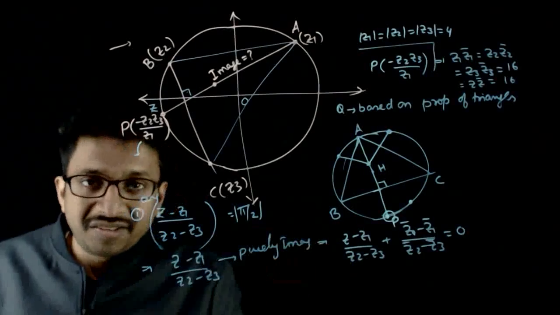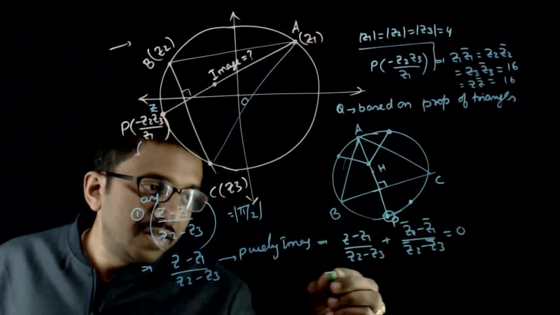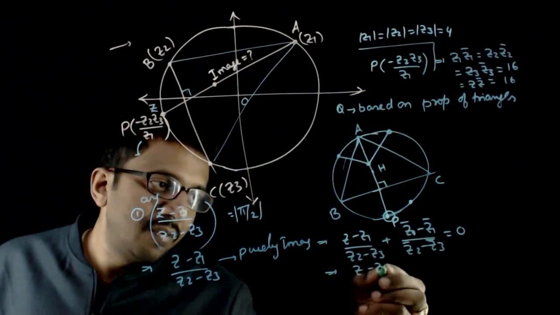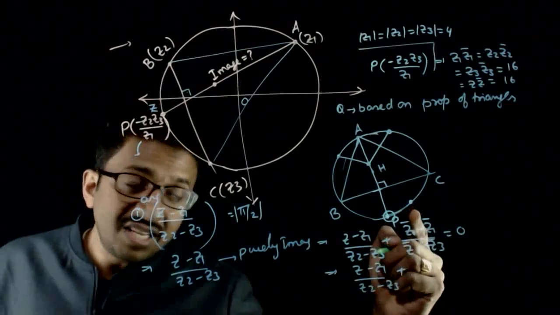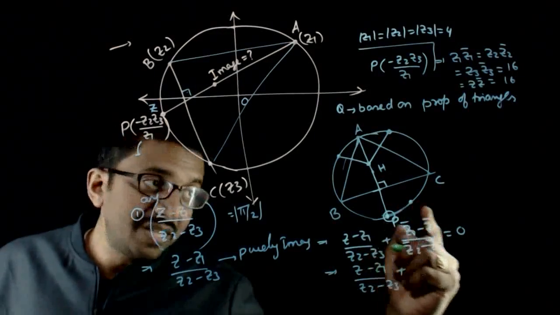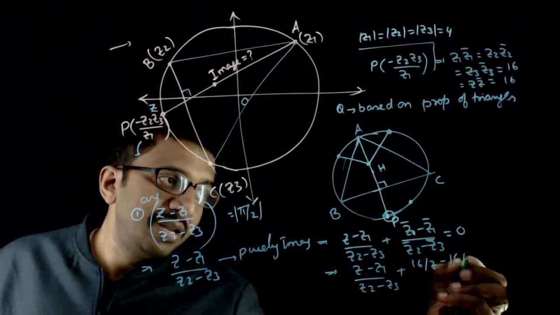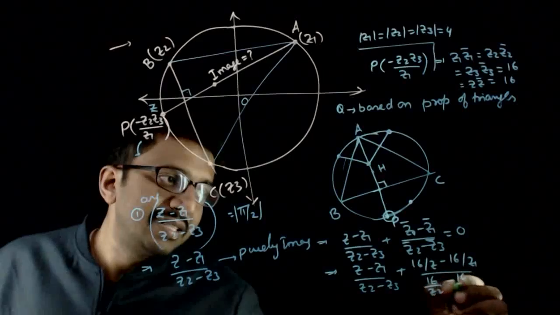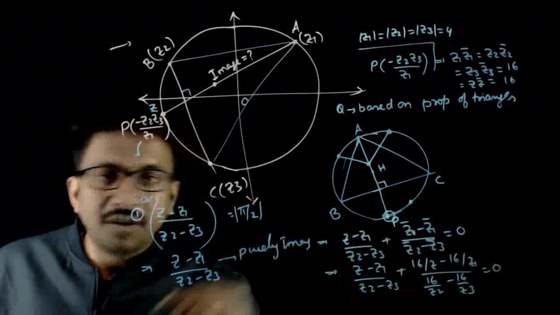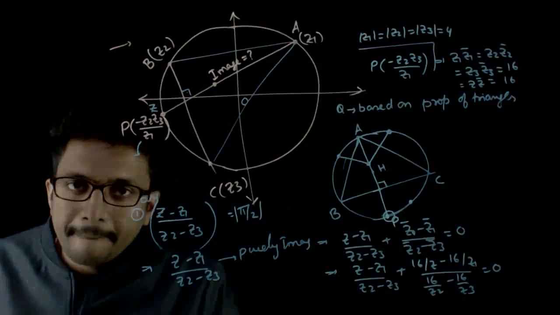So if I use all this in this expression, let us see what happens. This implies (z minus z1) by (z2 minus z3) plus, this is 16 by z bar is 16 by z, 16 by z minus 16 by z1 divided by 16 by z2 minus 16 by z3 should be equal to 0. So let us try to simplify this further.